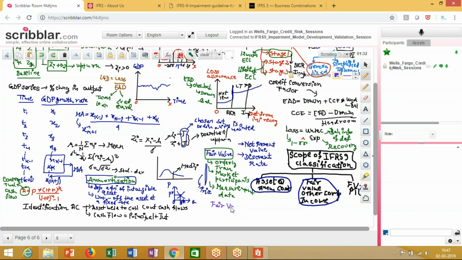The next part that we have over here is the fair value through other comprehensive income, OCI. OCI stands for other comprehensive income.